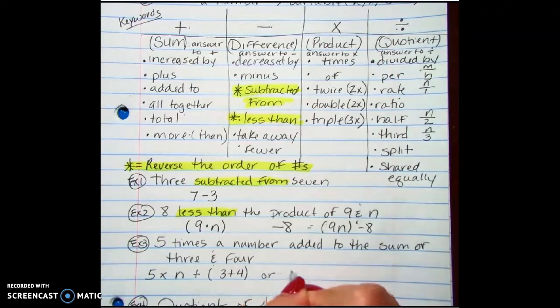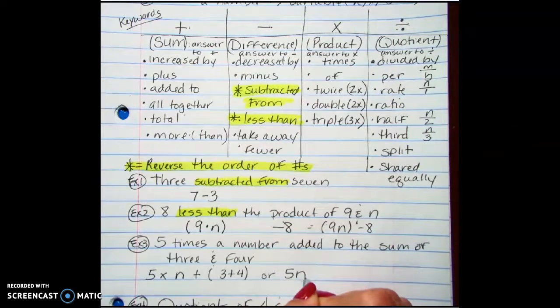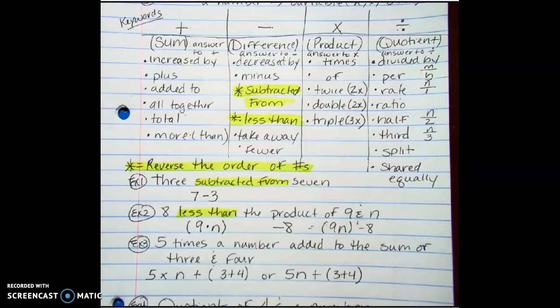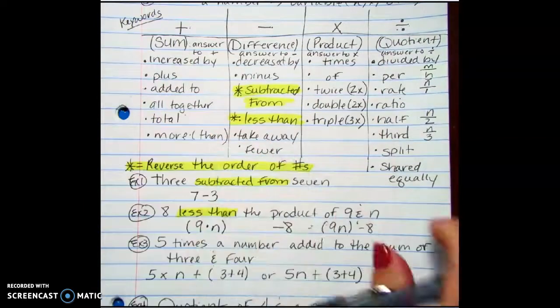Or it could also be written like this: 5n plus (3 and 4). Great. I just followed what was up here.